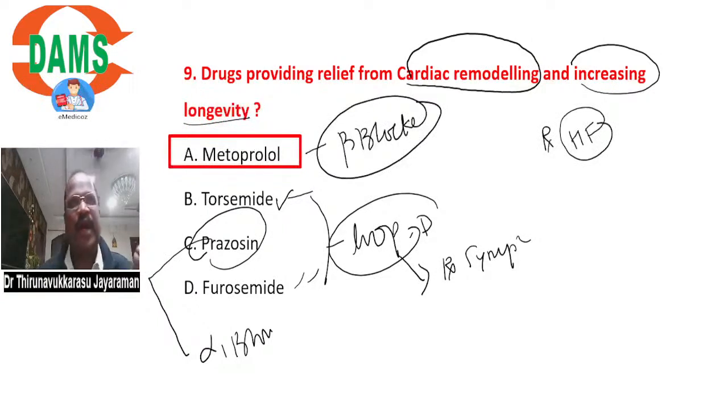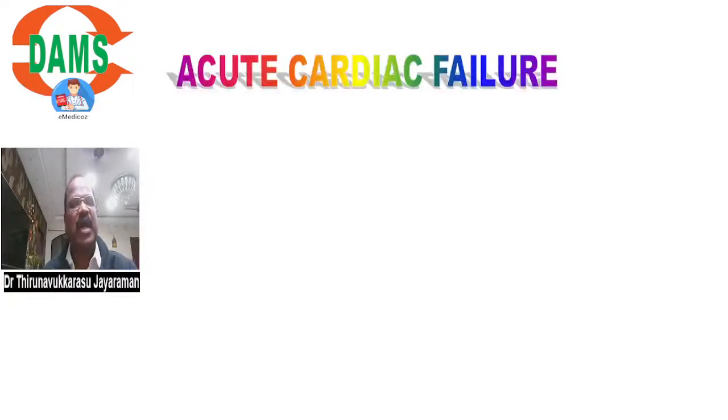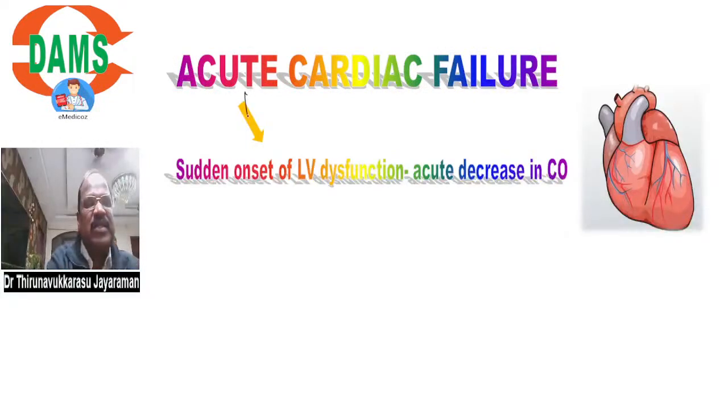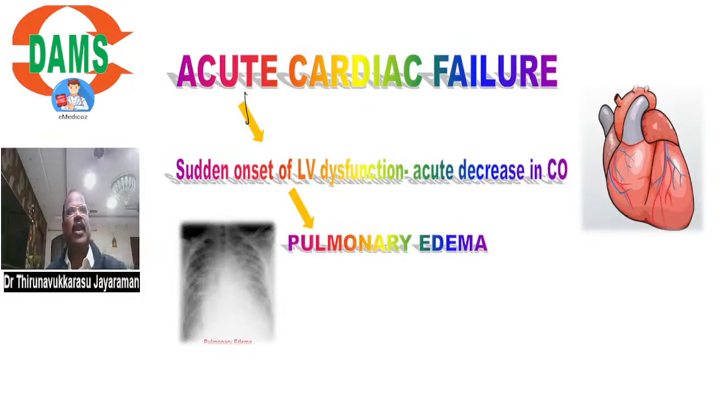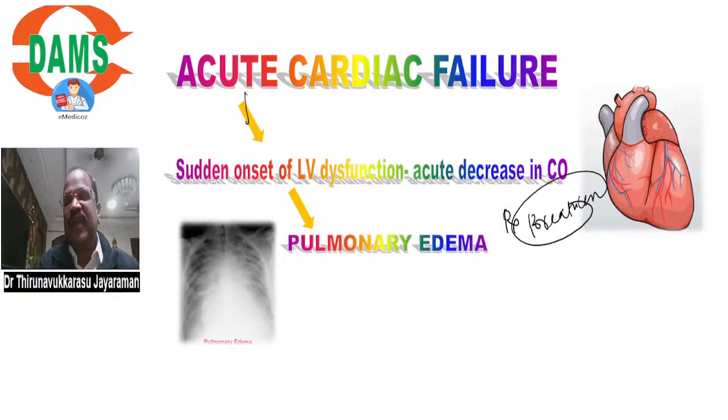For example, in acute heart failure, that is sudden onset of heart failure, there's a risk of pulmonary edema. Here the patient will present with severe breathlessness. So for treating the breathlessness, we want to use symptom relief. For giving symptom relief, we use some drugs.